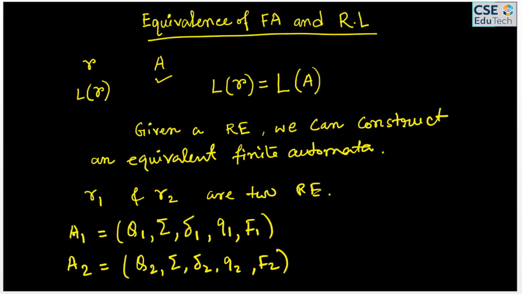Now this automaton A1 accepts the language generated by R1, and this automaton A2 accepts the language generated by R2. Now we have to prove three lemmas.